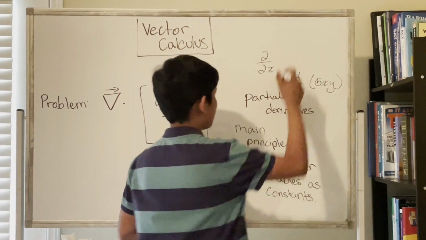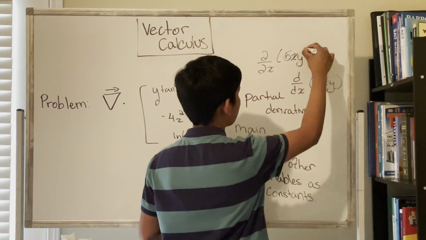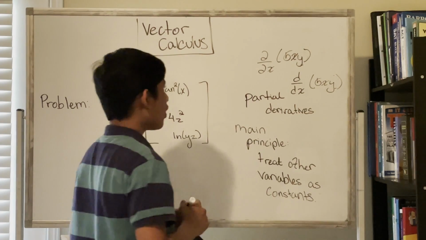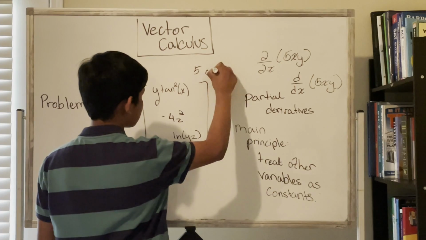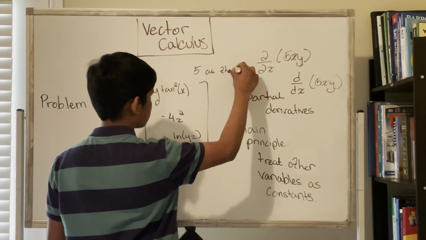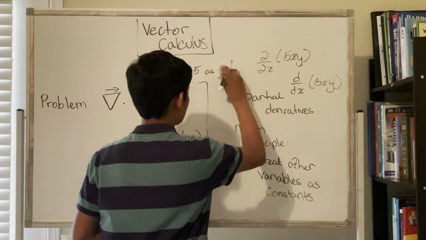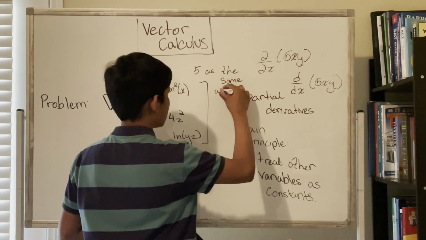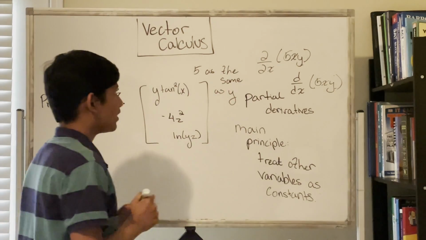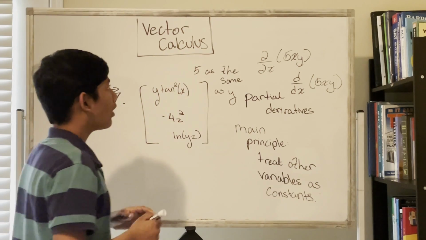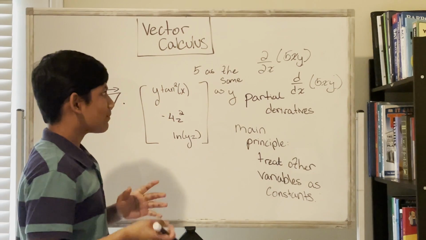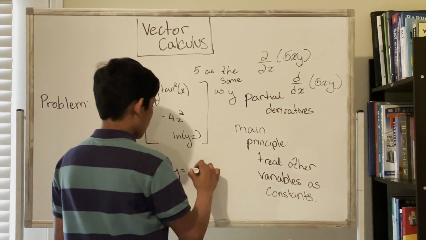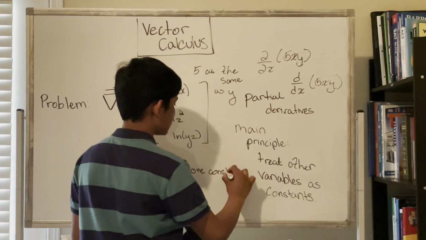So what we're doing is that we're taking 5xy and we're treating y as a constant. Since y is a constant, we can just treat 5 as the same as y. So when we take the partial derivative of 5xy, what's the partial derivative of 5yx? Because we're treating 5y essentially to be one constant, but they're multiplied together.